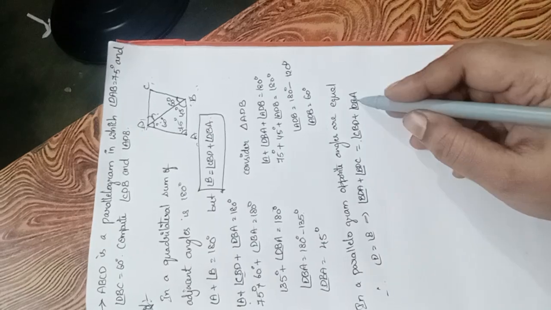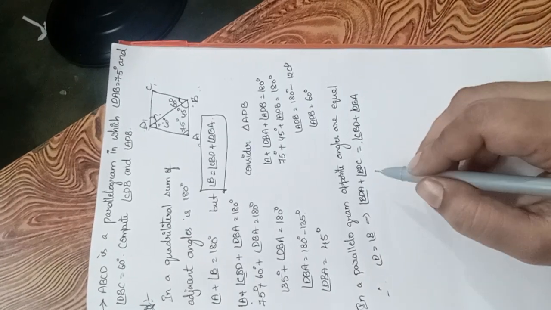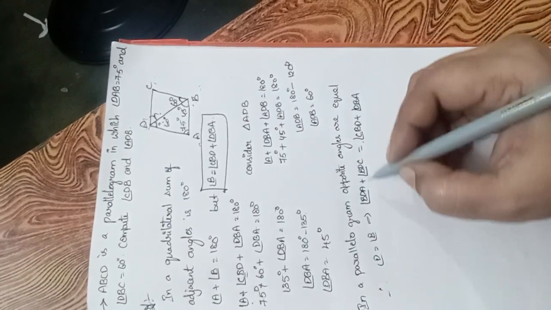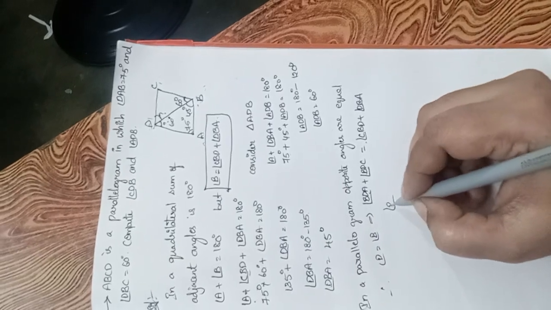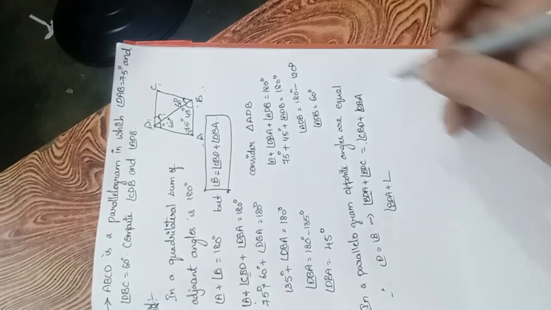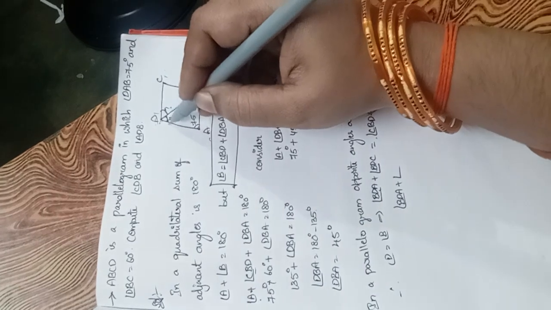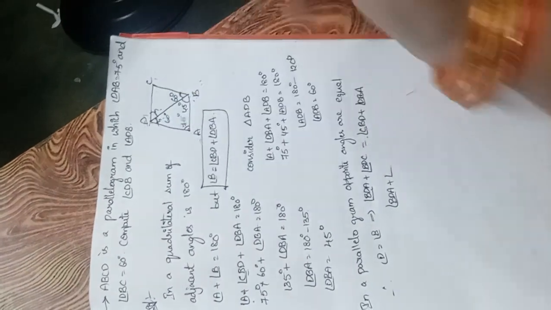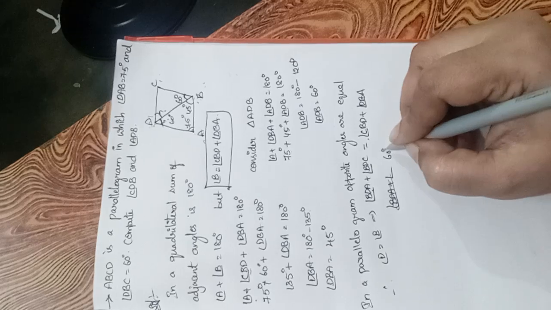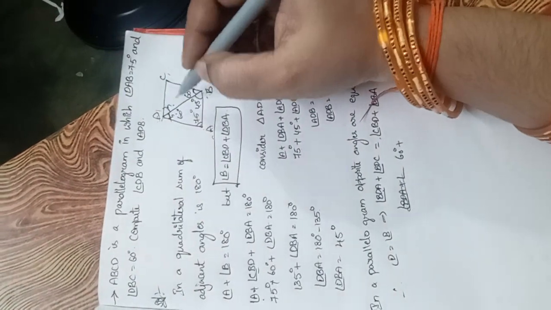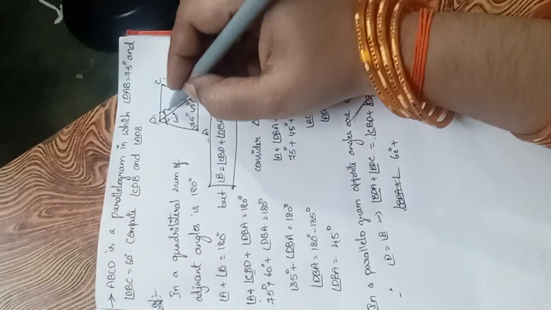So we know all the angles except BDC. BDA we know, sorry. What is that? 60 degrees plus angle BDC. BDC we have to find.